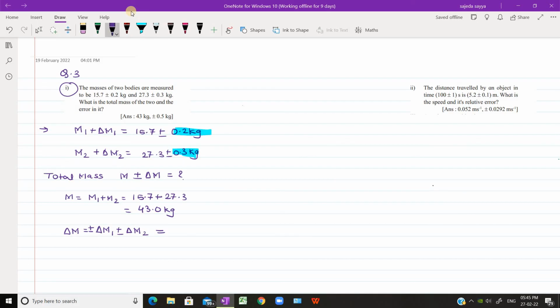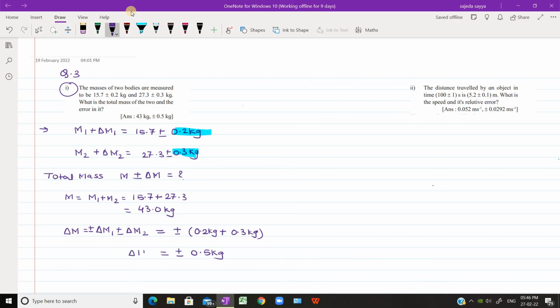So it will be plus or minus 0.2 kg plus 0.3 kg. Therefore, it comes out to be 0.5 kg.